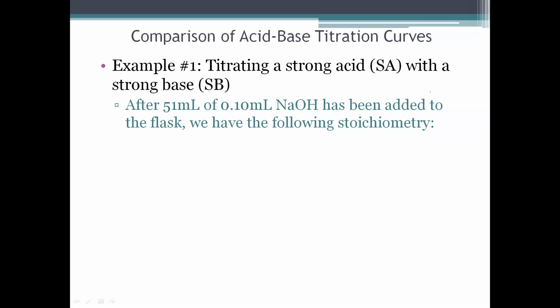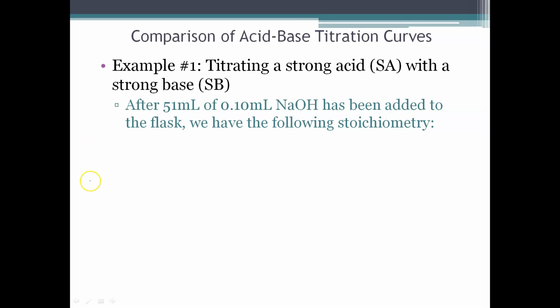Okay, let's wrap it up here with the last little situation. So let's go one step further than the equivalence point. Usually we don't do this because we haven't plotted the titration curves in class. Maybe we will, depending on what year it is. But let's add 1 extra milliliter of base and do the stoichiometry again.